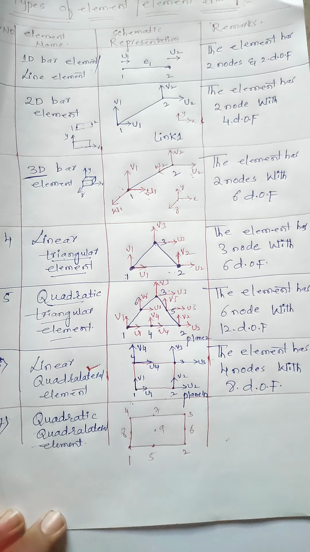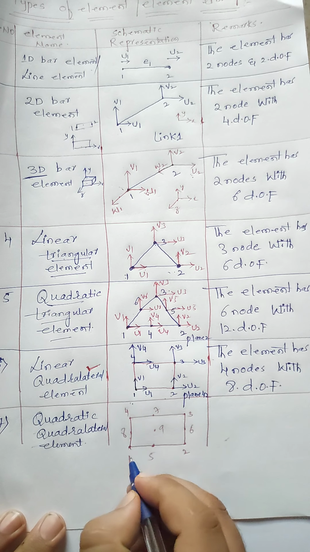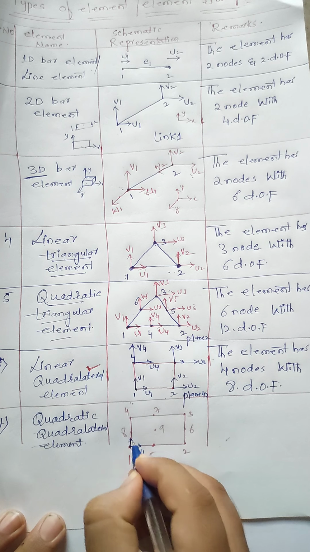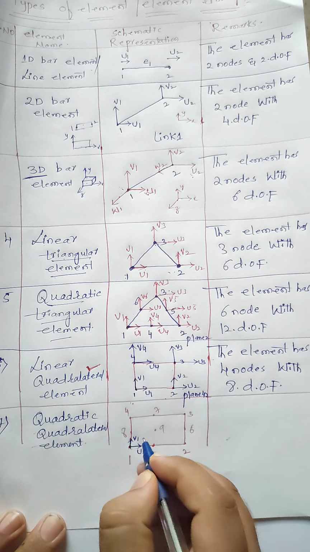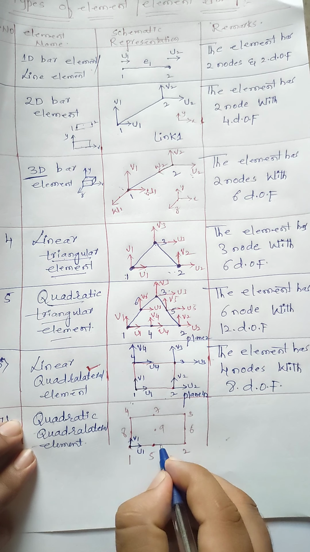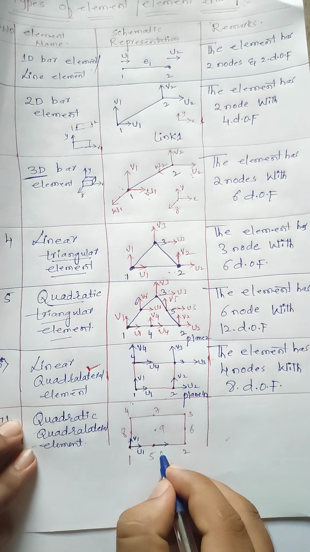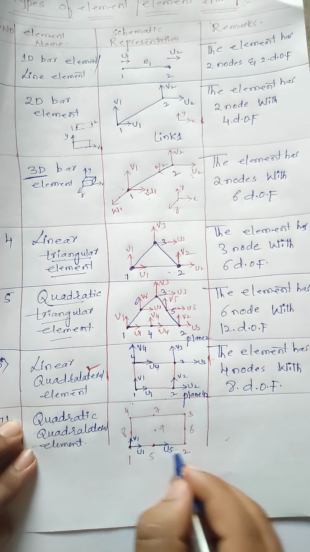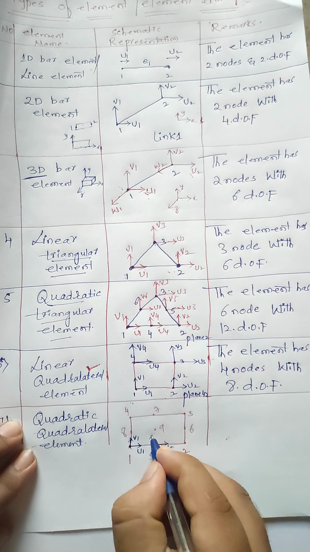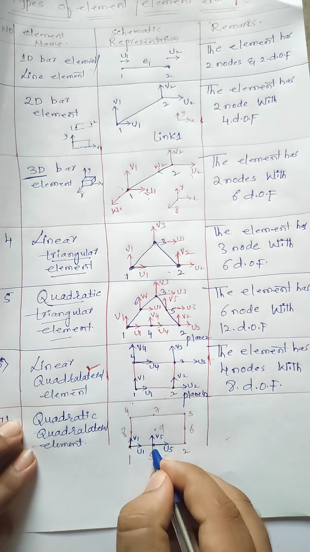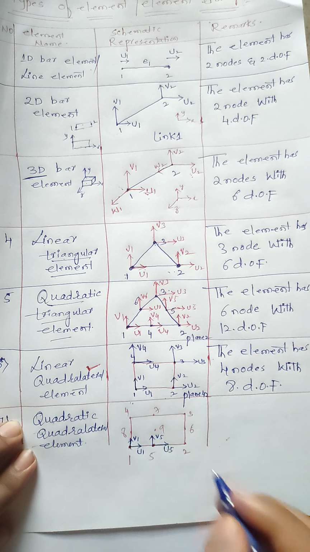Is it right? Let us see over here. The displacement u1 is acting in the x direction, and the displacement v1 is acting in the vertical direction. Then displacement u5 is acting at node 5 in the x direction, and displacement v5 is acting at node 5 in the vertical direction, or we can say the y direction.